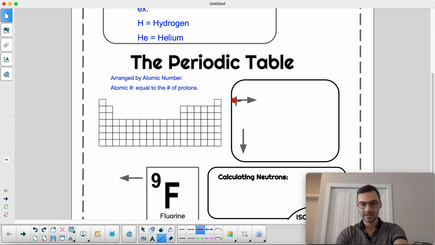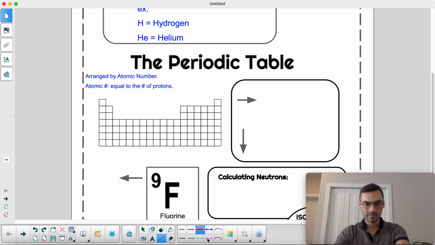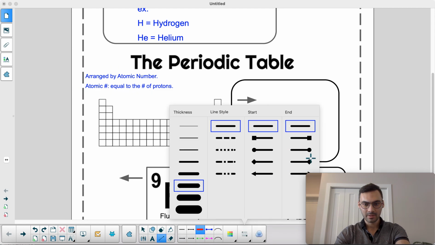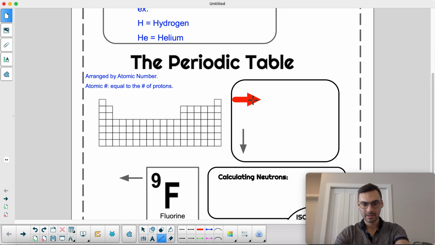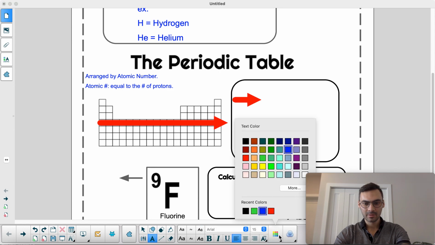So I'm going to highlight, just change my arrow. Let me change this to a big red arrow. And we're going to say that when they are read across like this, and this isn't specific to this one, this could be up here, this could be down here, anytime you read across, that is called a period.